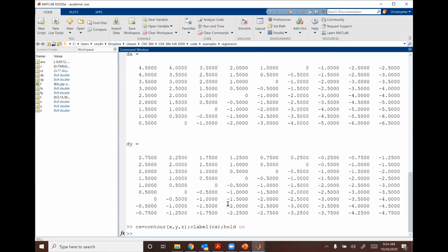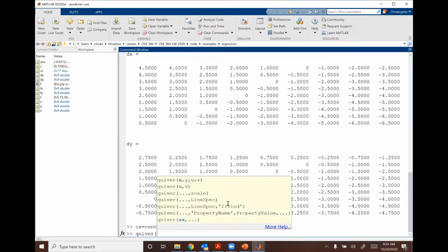And to do this, I'm going to use an arrow plot, which we're going to call up using quiver. So let me make sure I spelled that right. Yes, we're good. So we put in the x and y values, and then we tell it what the derivative should be. In this case, we want it to point in the direction of steepest descent.